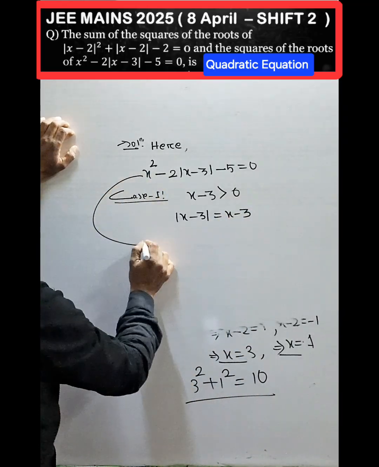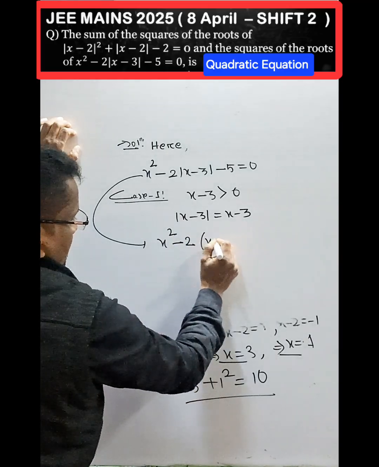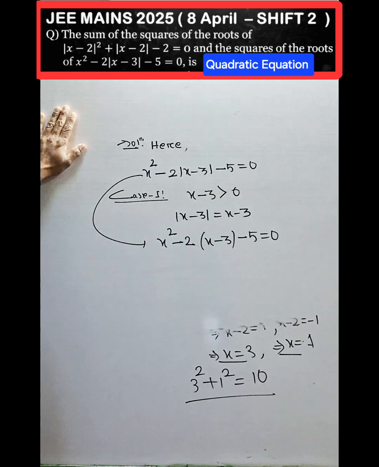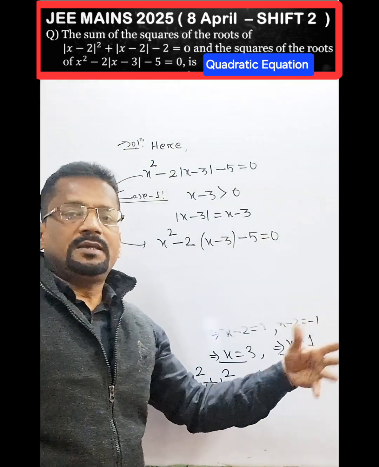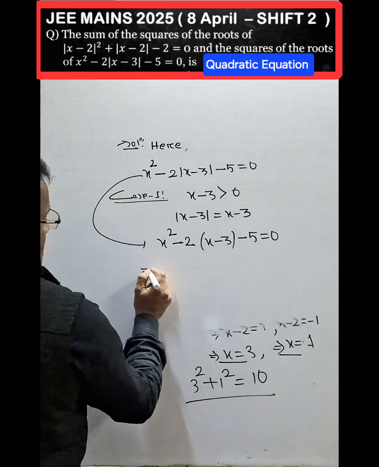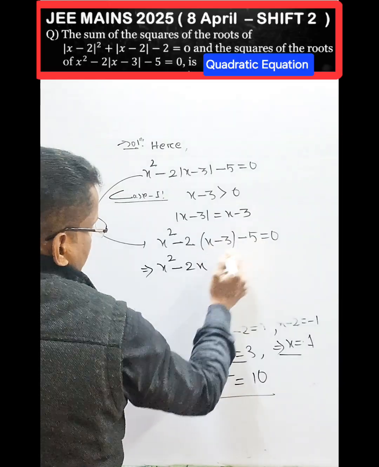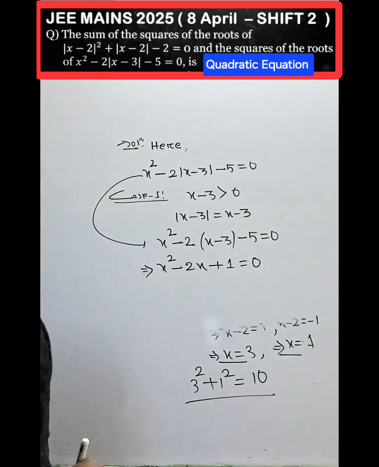So this equation then reduces to x square minus twice of (x minus 3) minus 5 is equal to 0. Because we know modulus of x equal to x when x is greater or equal to 0. So now you see, this will give you x square minus 2x plus 6 minus 5, that is plus 1, equal to 0.